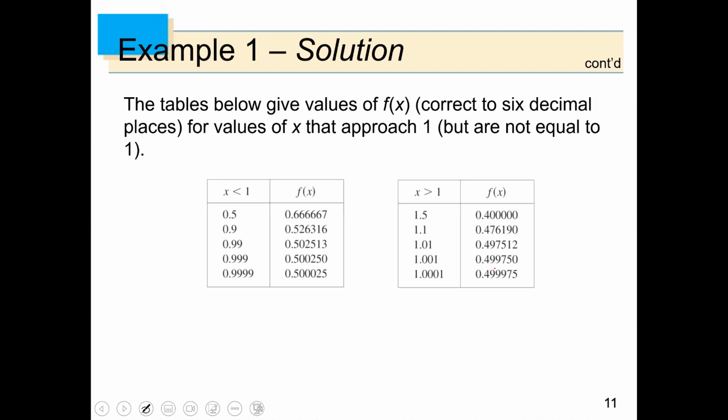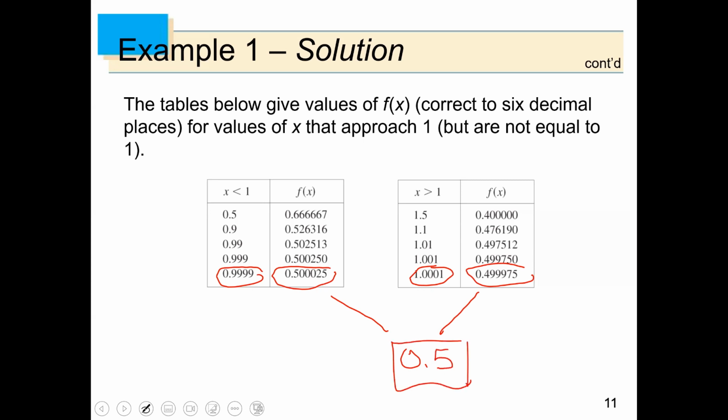Here, clearly, the last one is the closest to 1, and here also the same. So for f, we are very, very close to the value. Let's say this is our conclusion. So the value will be 0.5. That's the limit. This is the conjecture.